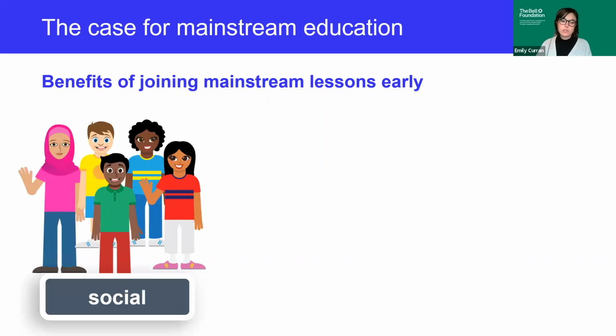In terms of social inclusion, classroom learning with opportunities for collaboration and discussion are an excellent means of fostering relationships and friendships between learners. The aim is for a child to feel as settled and involved as possible. Joining mainstream classes early can help learners to bond with their first language English peers more quickly.